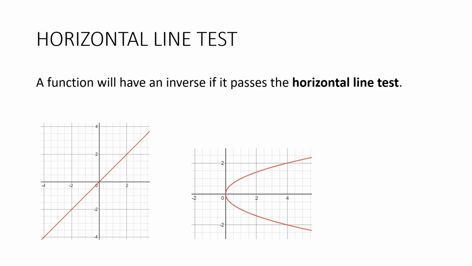These two have an inverse function. If we reflect either of these graphs in the line y equals x, we end up with a function. Now the basic rule is a function's going to have an inverse if it passes the horizontal line test. That means any horizontal line that I draw is going to cut the graph in only one place.